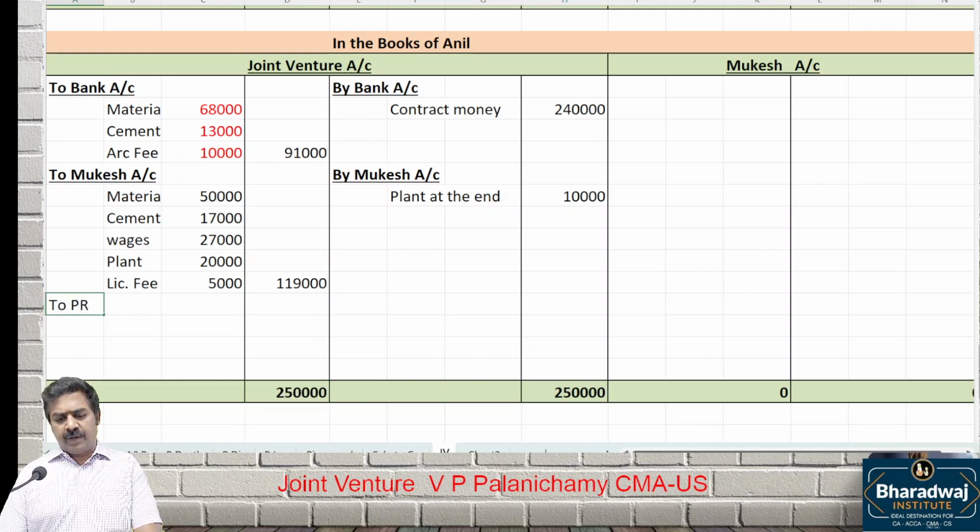Balance will be profit. In what ratio will they share profit? Any ratio given? Our share will transfer to P&L account.